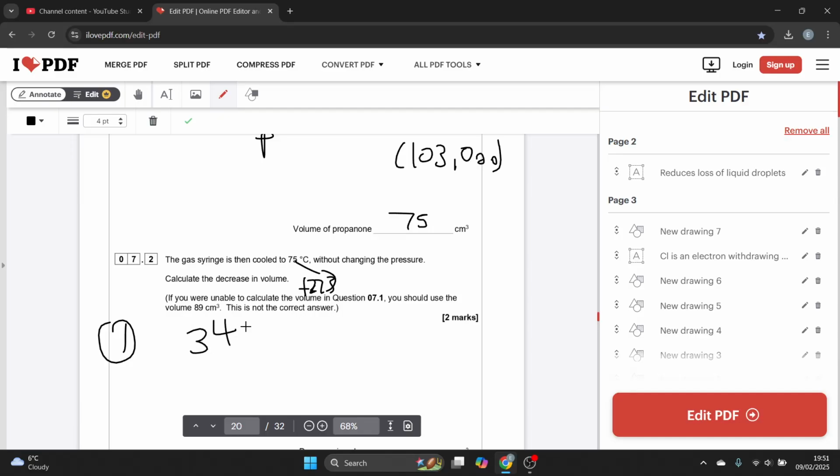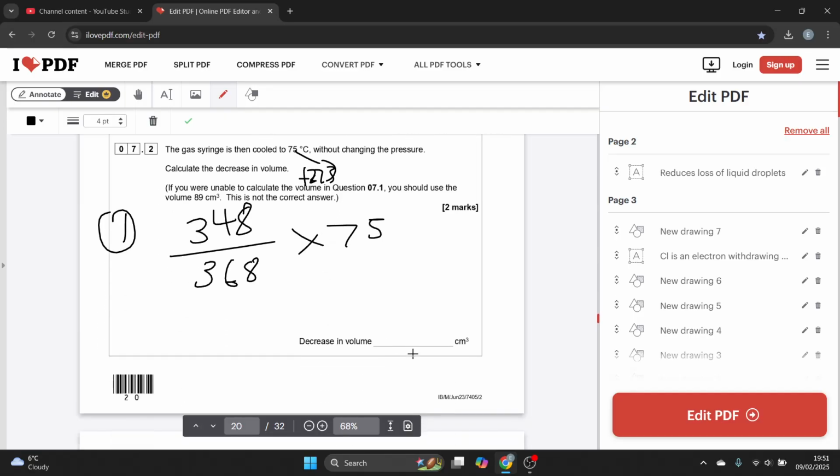So it's going to be 348 divided by 368 times by 75, because that's my answer. I get 71. And then to find the decrease in volume, I've gone from 75 centimeters cubed to 71.